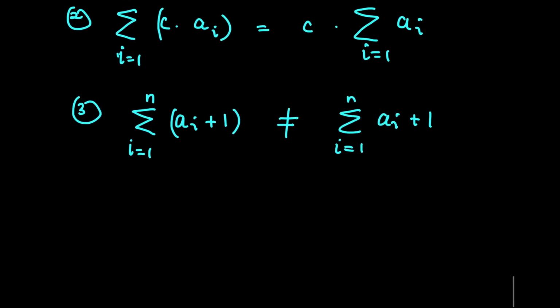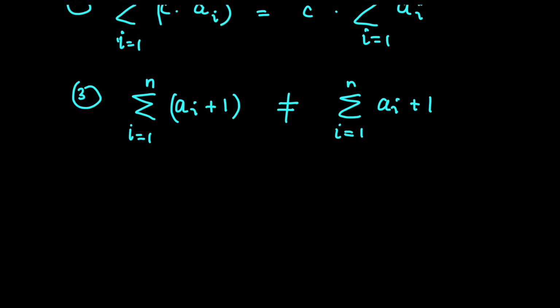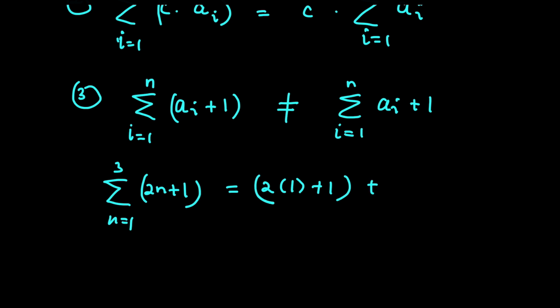Let me just prove what I'm talking about here. If you've got, for example, sum of 2n plus 1 from n equals 1 to 3, this is 2 times 1 plus 1, plus 2 times 2 plus 1, plus 2 times 3 plus 1.